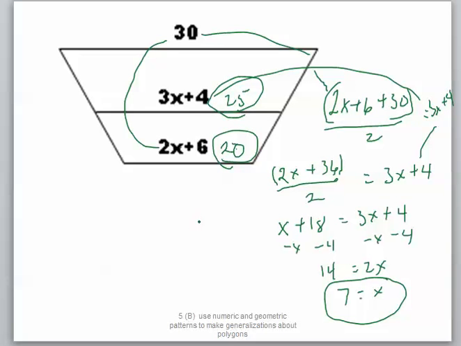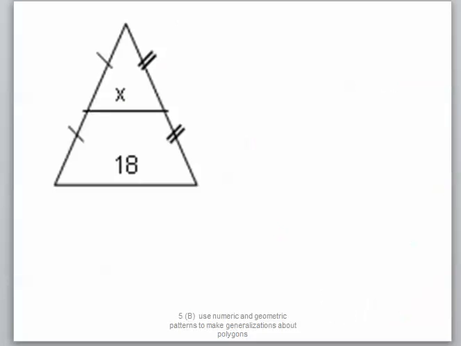Now, in the book and in the lessons, they take great care in telling you about the mid-segment theorem and then telling you about the triangle mid-segment theorem. Essentially, they're the same thing. If you consider that in the triangle mid-segment theorem, the length of this distance up here is 0. So I could still add 0 plus 18. 0 plus 18 is 18. 18 divided by 2 is 9.